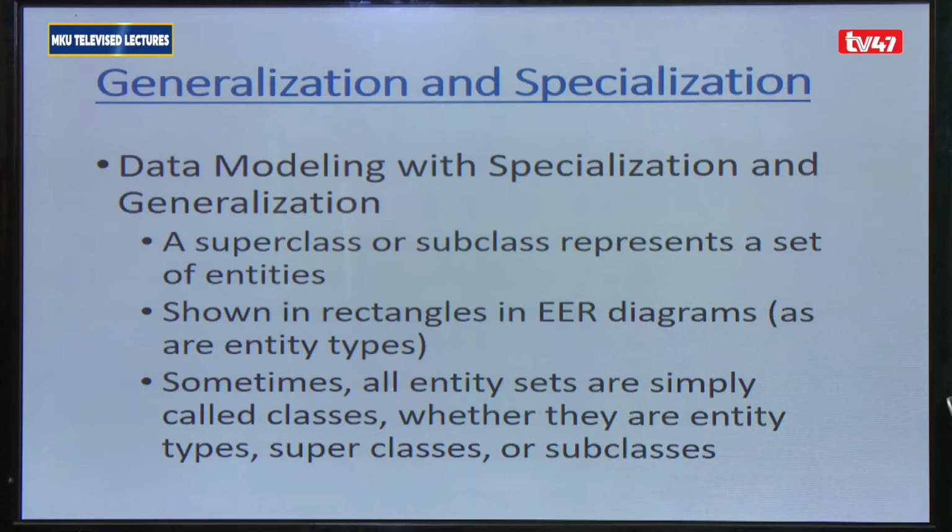So let's look at data modeling with specialization and generalization. A superclass or subclass represents a set of entities. So these are shown in rectangles.